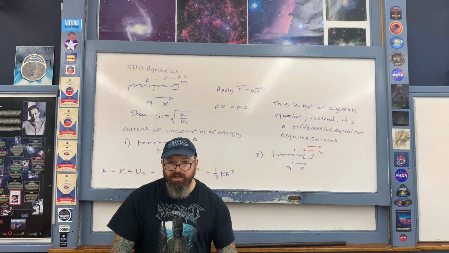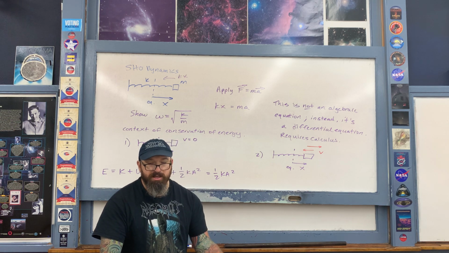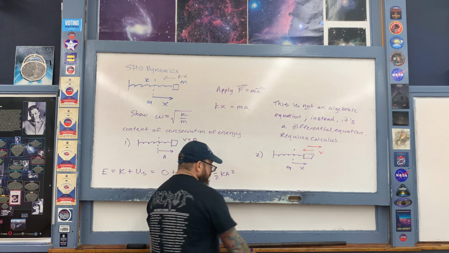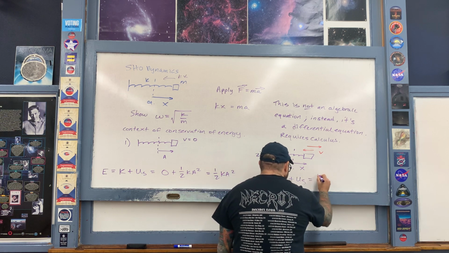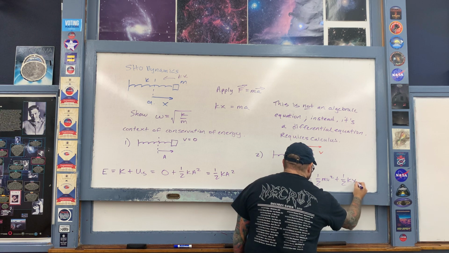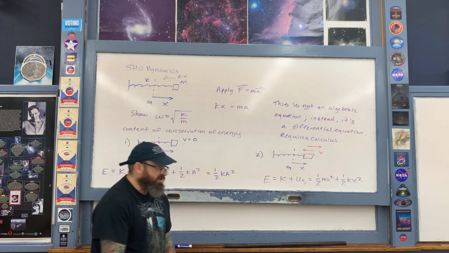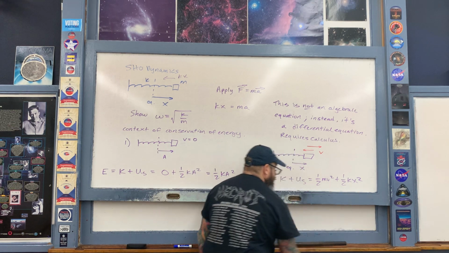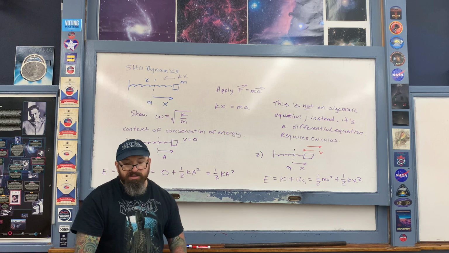Therefore, the total energy E here is a combination of the two forms of energy, kinetic energy and potential energy. So the energy here, kinetic plus potential, is 1/2 mv squared plus 1/2 kx squared. Now, because the energy is conserved, this quantity here has to equal this quantity here. Let's see if it is.